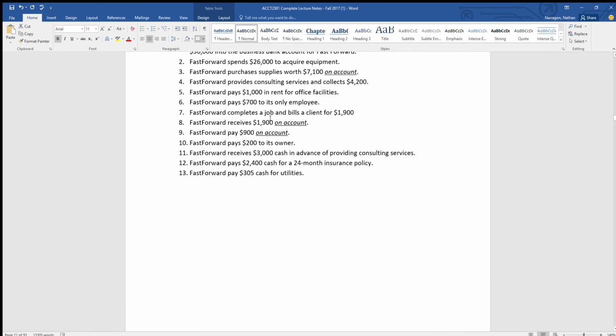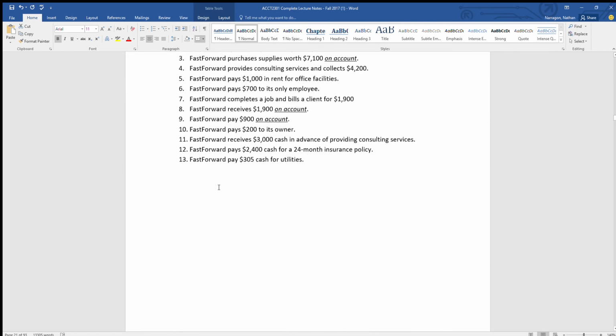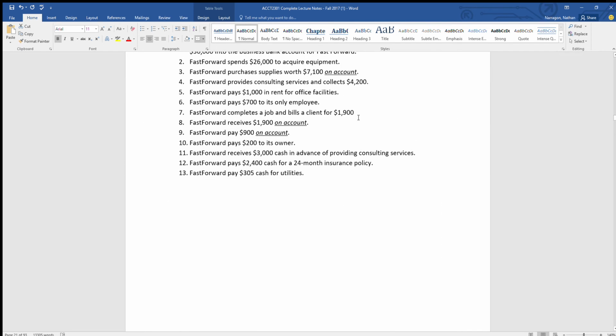7. We complete the job and bill a client for $1,900. Now notice that these transactions, I will tell you right away, are related to chapter 1. They're the same transactions we did, except for a few extra new ones, but most of these are exactly the same. So you can actually see how they roll. So we billed on account.